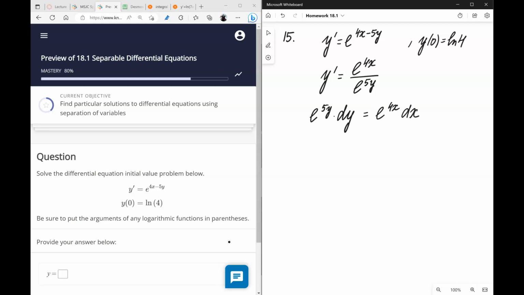And then we can split that dy dx and apply the integral to both sides. On the left side we have 1/5 e to the power 5y. On the right side we have 1/4 e to the power 4x plus c. And we can find c now by throwing in x equals 0 and y equals ln 4.